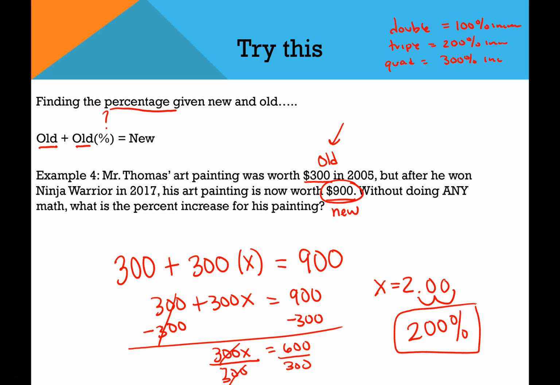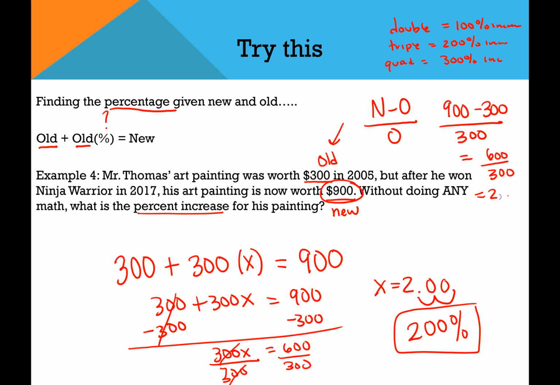Now, it's kind of interesting. If you're ever going to find a percentage this way, I wouldn't really recommend this method, because you could do the new minus old over old. You're looking for a percent increase. We've learned this. So the new here would be 900 minus the old of 300 over 300. Well, that's equal to simply 600 over 300, which is 2, which is obviously 200%.